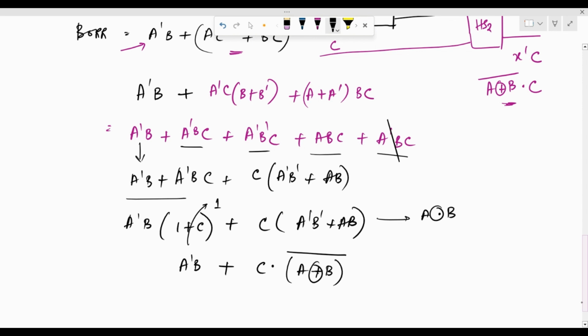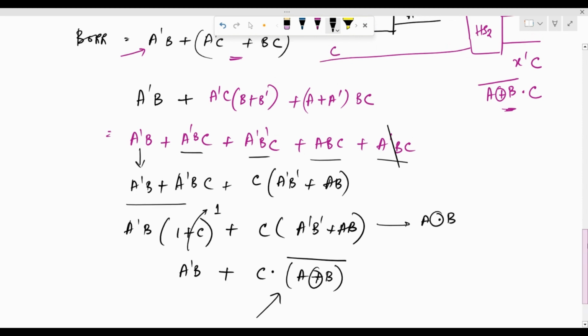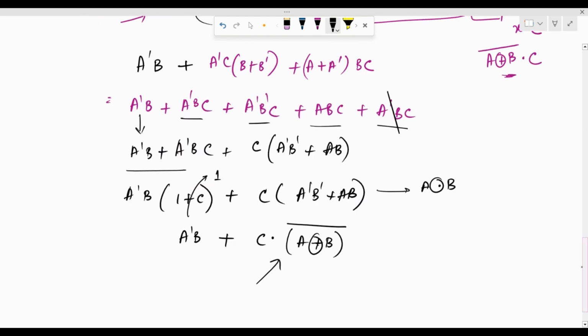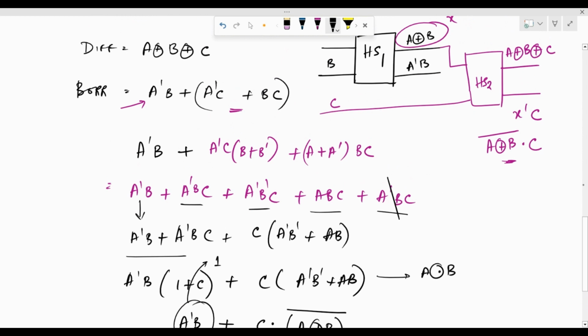So now this becomes very simple because this term is already available to us at the output of my second half subtractor, and this term is available to us at the output or the borrow of the first half subtractor. So all I need to do is include an OR gate to combine both the borrows.